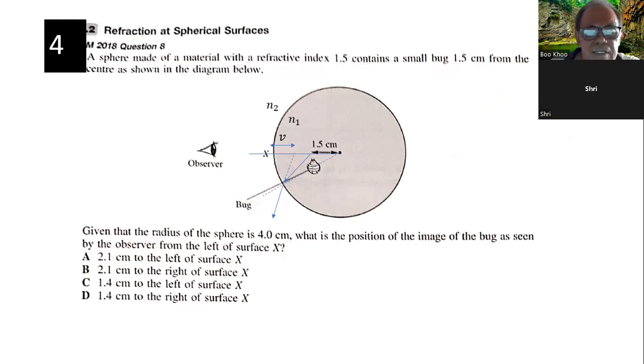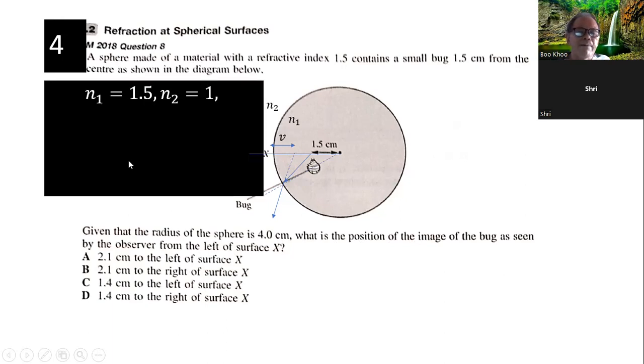Given that the radius of curvature, that's your radius of curvature, is 4 cm, what is the position of the image of the bulb as seen by the observer from the left? That's the observer. Okay. So your N1, that's your N1. Right? We call that N1 because that is where the object is.